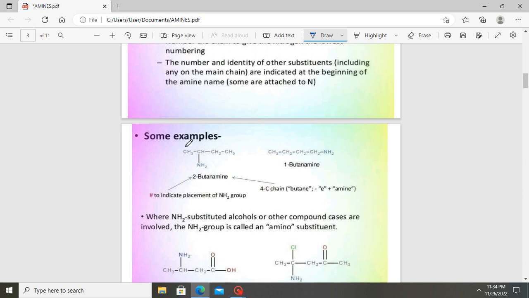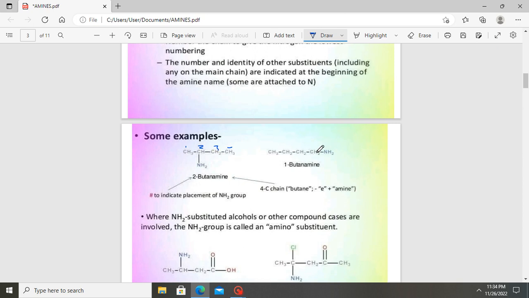You start numbering from here: here's 1, here's 2, this is 3, and this is 4. So the alkane is butane, it becomes butanamine, but it is 2-butanamine because the amino group, which indicates the functional group of amines, is at the second position and is on the longest chain.